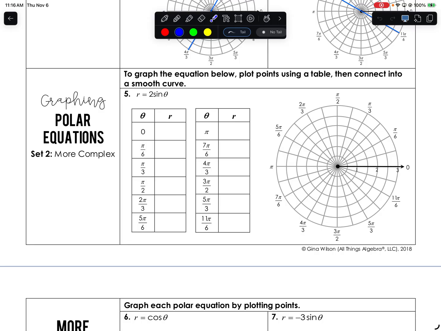What is the sine value? Sine is y? 0. What's 2 times 0? 0. Remember, if we get negative r values, what do we have to do? Switch it to positive, and do I add pi or 2 pi? Yes.